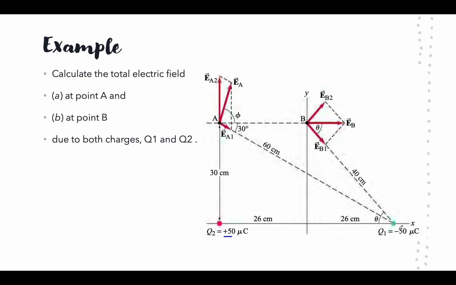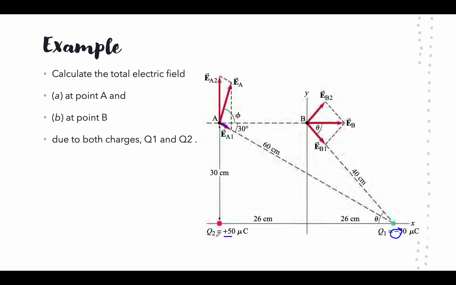And here Q1 is negative 50, so it's going to be a field of attraction along the line of action, which would be this line right here. So in order to find the total electric field at point A, I need to break this down into components, find its angle, do the Pythagorean theorem, and so on and so forth.